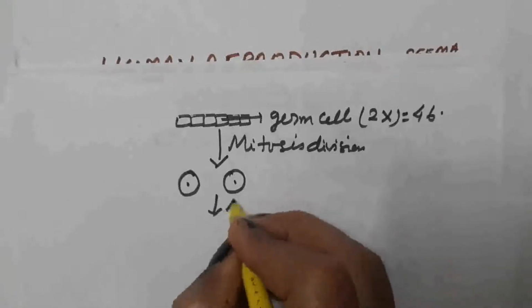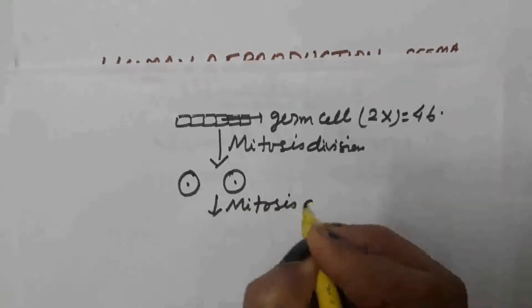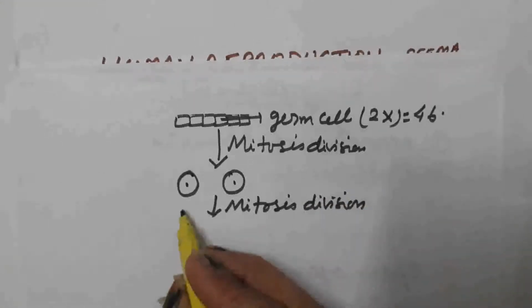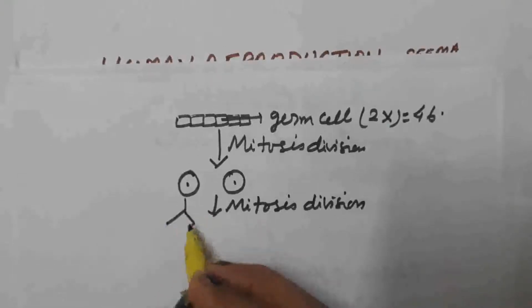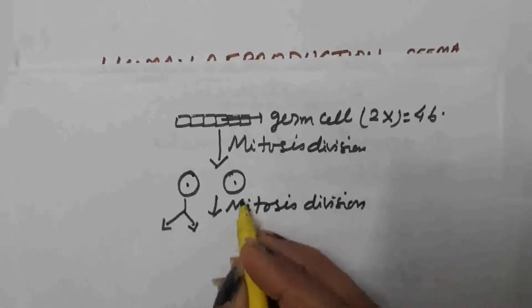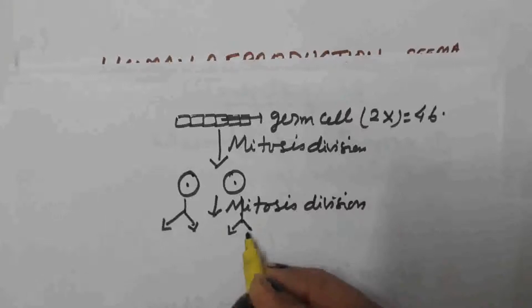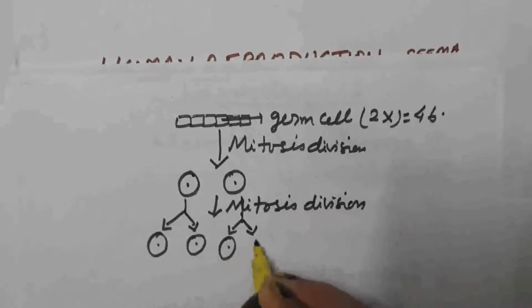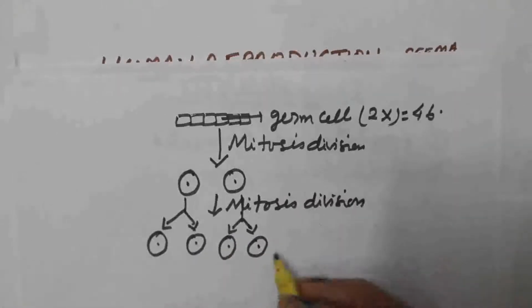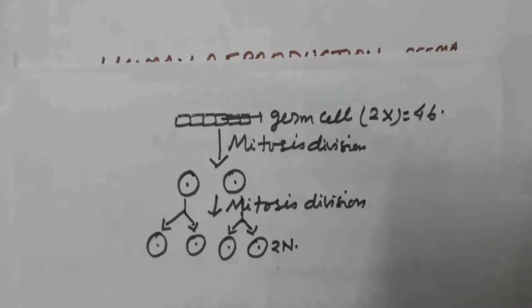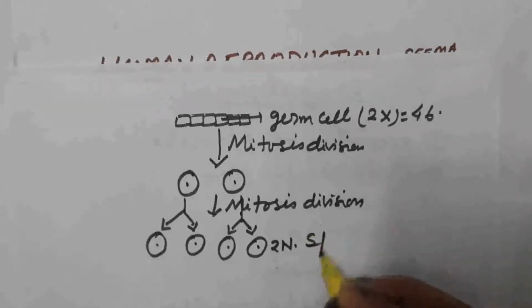Further mitosis division takes place, and from these two cells, after completion of the mitosis division, 4 cells are produced, which consist of the 2n number of chromosomes. These cells are known as the spermatogonia.